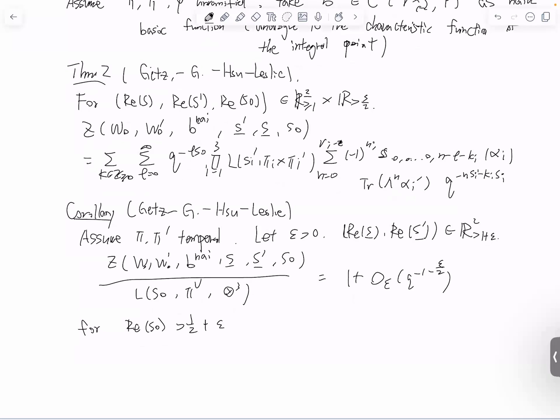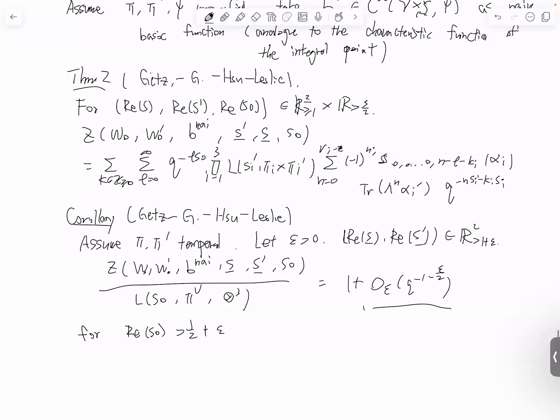Any questions so far? Yeah, so does pi prime only appear in the numerator? In the corollary? Yeah. So there's something hidden in here, just old terms. So you can choose your pi prime. Yeah. I see.